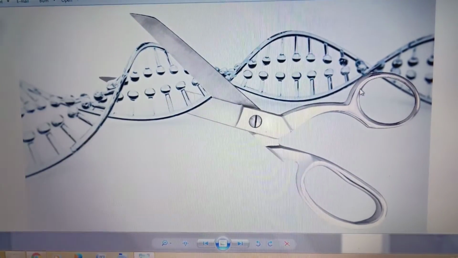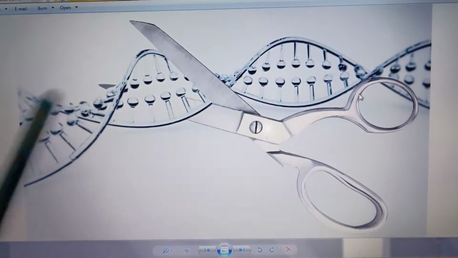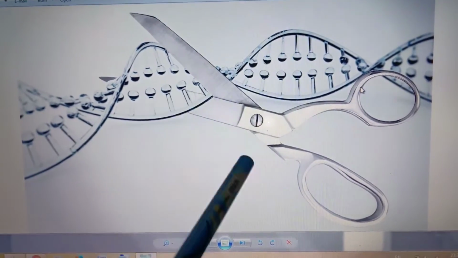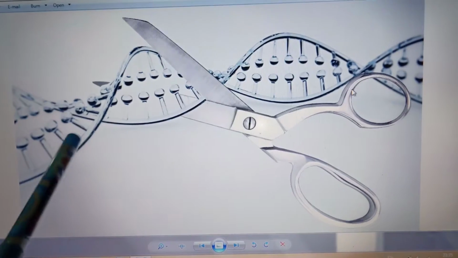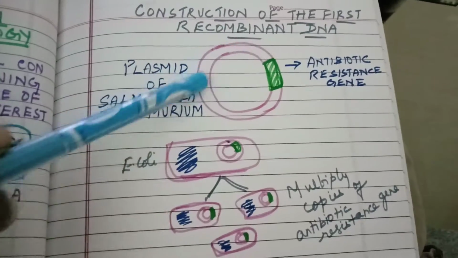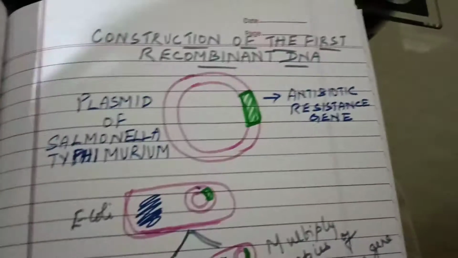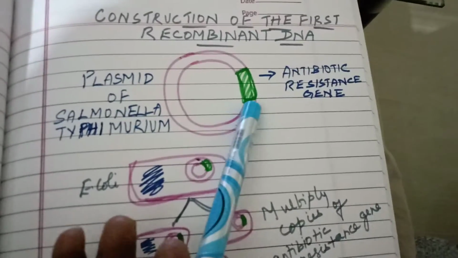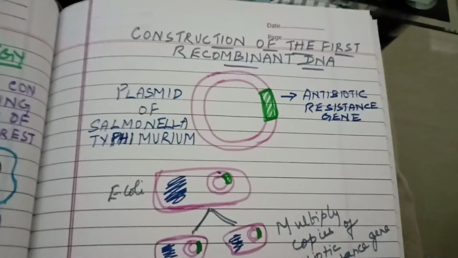How restriction enzymes cut, we will see in the next class, how these tools of recombinant DNA technology work. They are known as molecular scissors because they cut the DNA sequence at specific locations, and the cut piece is then joined with a plasmid which carries it.